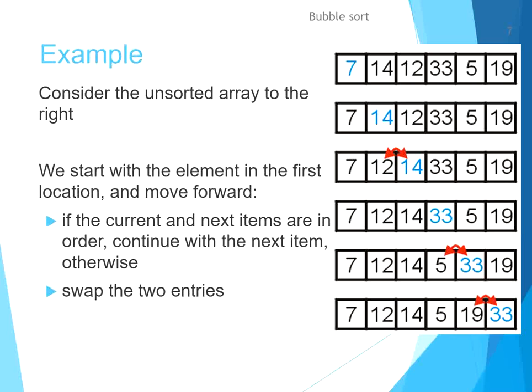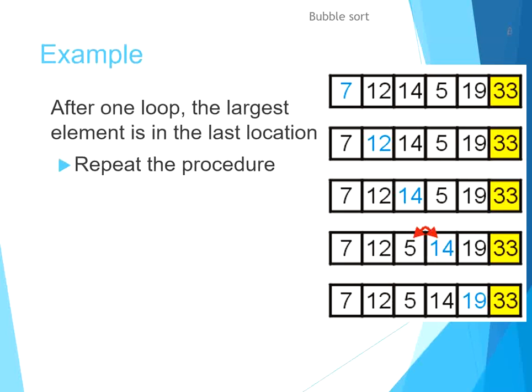Then 33 with 5, and 5 is of course less than 33, so we swap 33 with 5, and then 19 with 33. At the end of the first iteration, we see that the largest element, 33, is at the end of the array. This is our first loop. The largest element is in the last location.